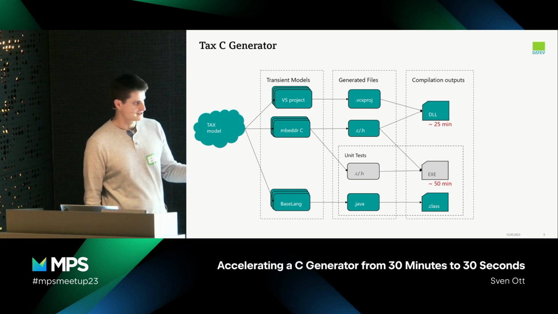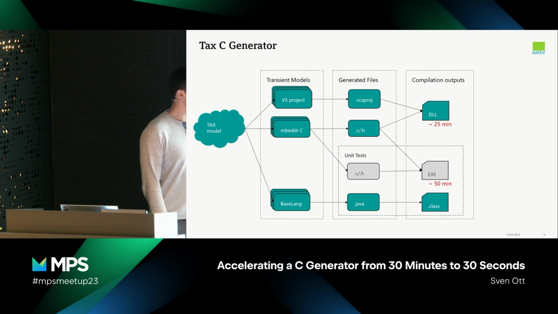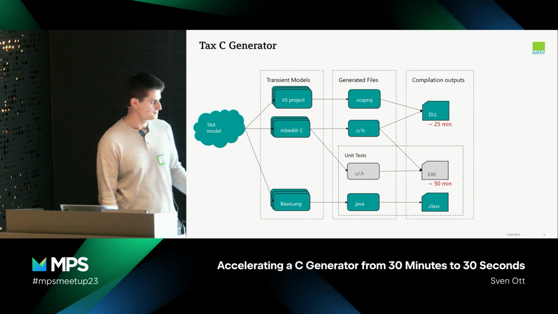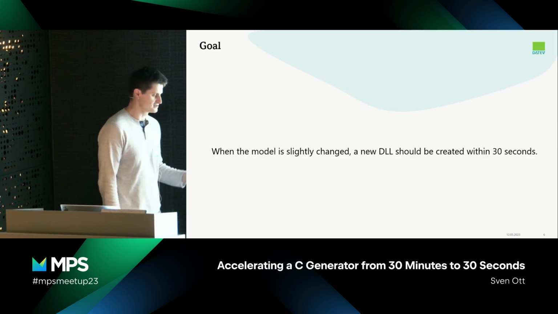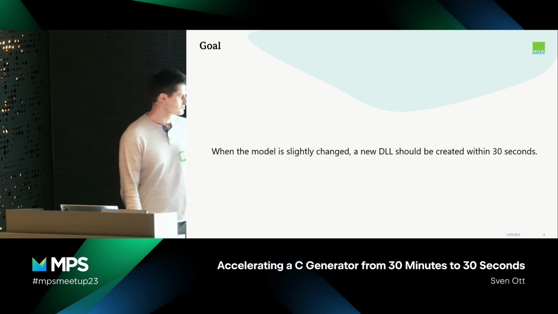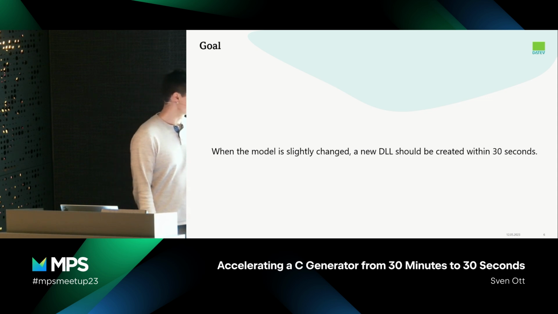Obviously, waiting 25 minutes every time to have a new DLL to do some system testing is just not an option. So we received the goal: when the model is changed slightly, the DLL should be created within 15 seconds. That goal was defined by our management.